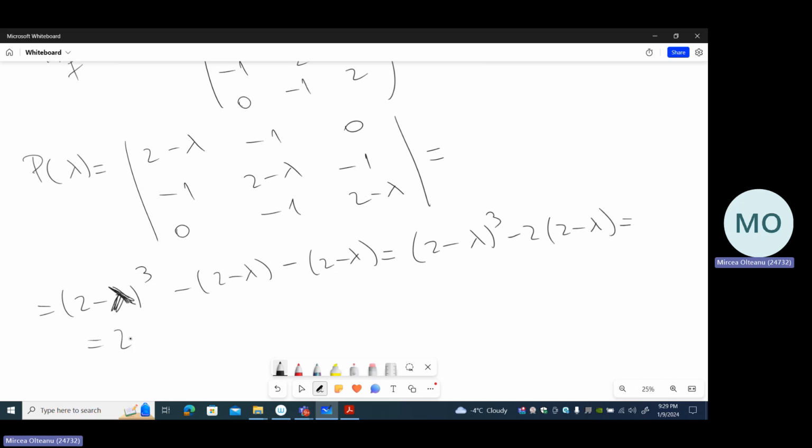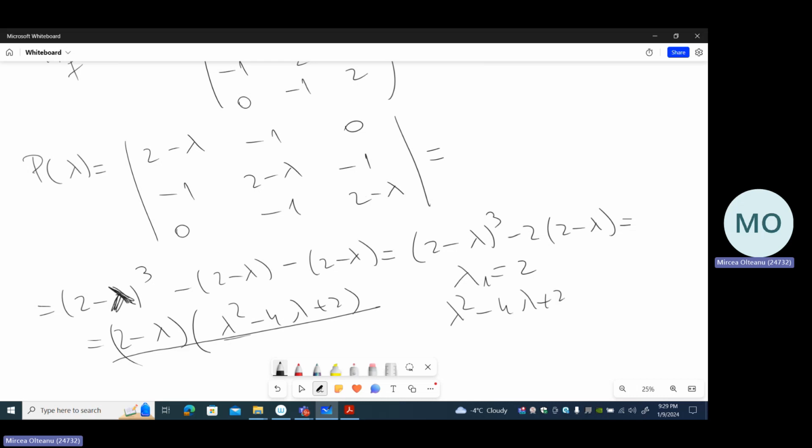We have the common factor 2 minus lambda times lambda squared minus 4 lambda plus 2, finally, plus 4 minus 2. So this is the characteristic polynomial. The eigenvalues are lambda 1 equals 2, and the other two are given by the quadratic equation lambda squared minus 4 lambda plus 2 equals 0.